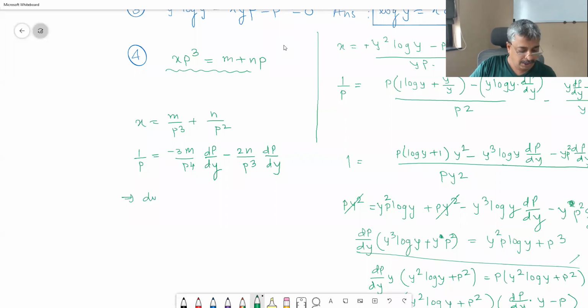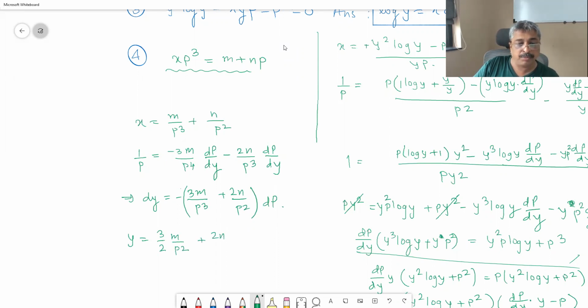This implies dy is equal to minus 3m upon p cube plus 2n upon p square, with the minus sign outside, times dp. Integrating, you get y is equal to 3 by 2 m upon p square plus 2n upon p plus c.